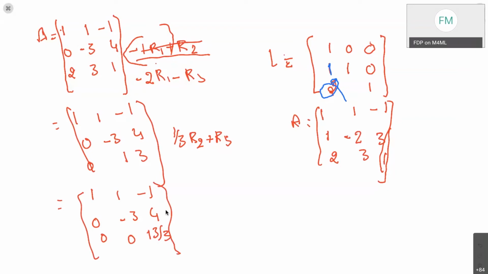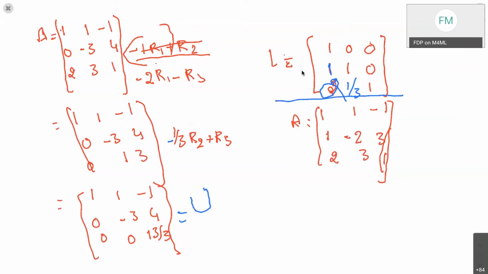Now the negative of 1/3 is minus 1/3. So whatever final result we got here, if you observe, this is basically U, and we have got L also in parallel.